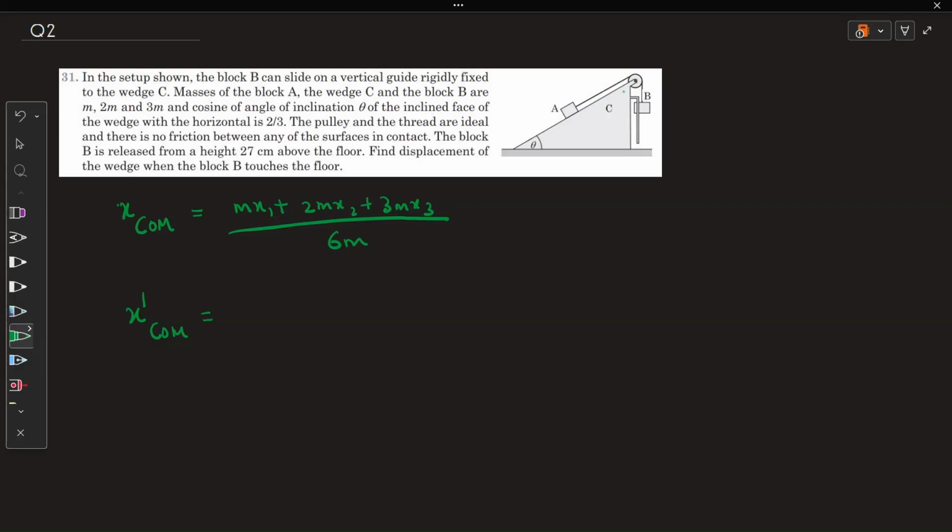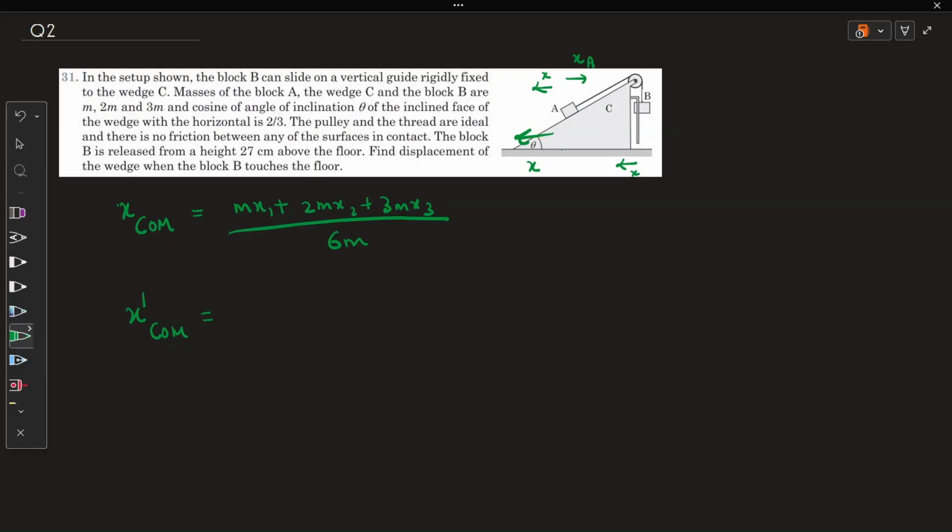If A is going right, the center of mass of the system with respect to C will go right, so C should move left. Correct? So let's assume C is moving left with x units. B will also move x units, and A is in contact with C, so it will also move x units, and A is moving some value of units. Let's suppose it is xa.